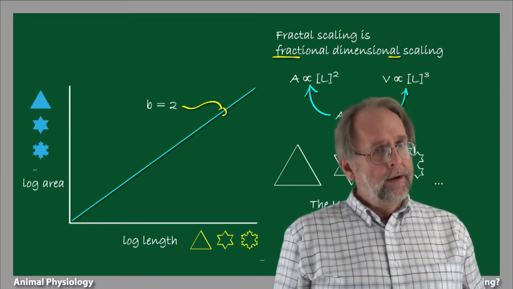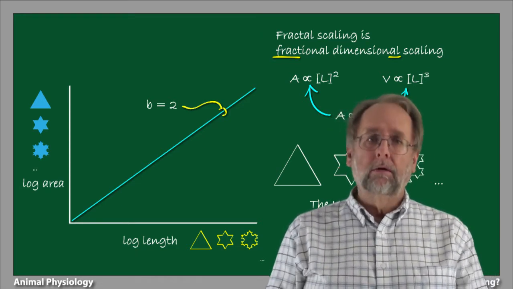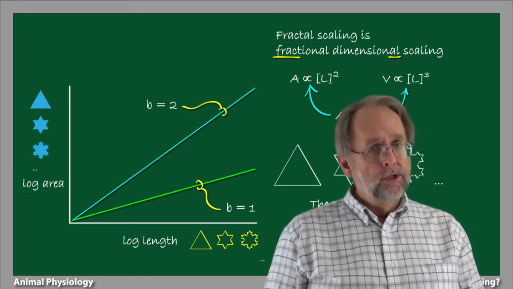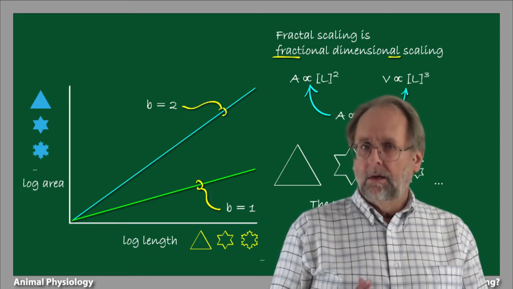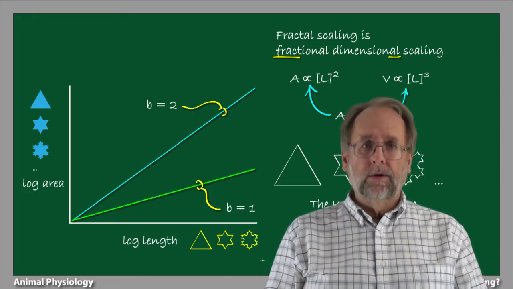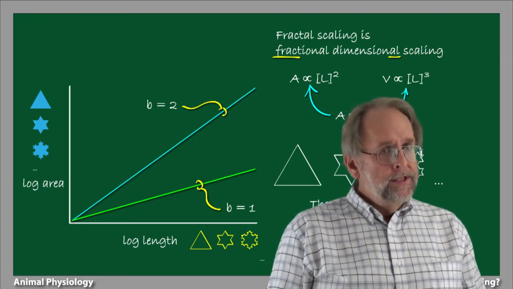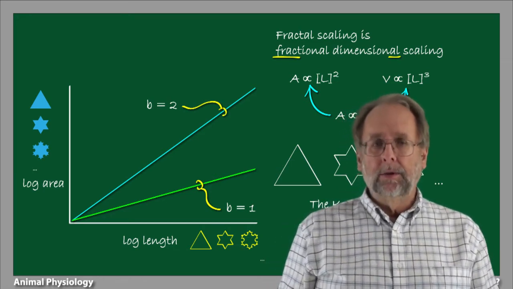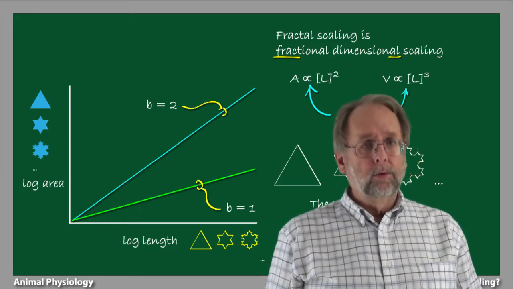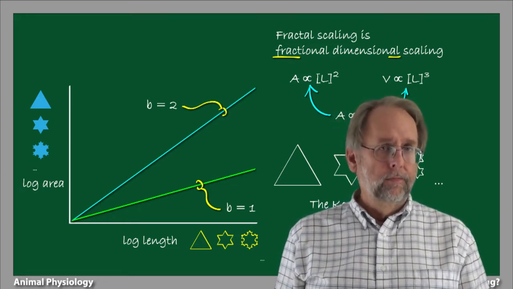Let's presume that the area doesn't scale to the 2 power of length, but scales to the 1 power of length. There are circumstances where this can be the case, for example, where you have a flat leaf or any other kind of flat morphology. In this instance, the area will actually scale to an exponent close to 1, that is, the area will be directly proportional to the length.